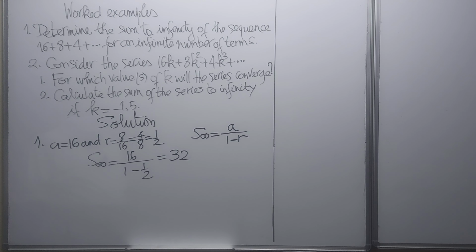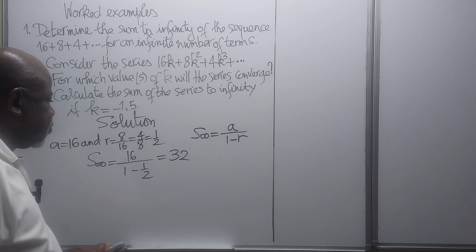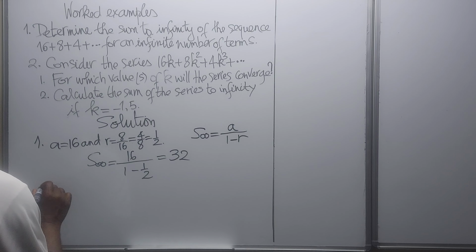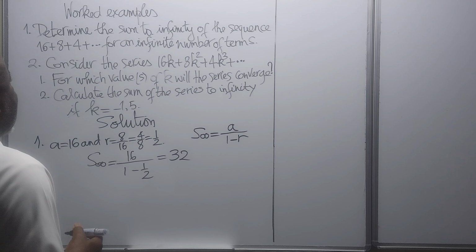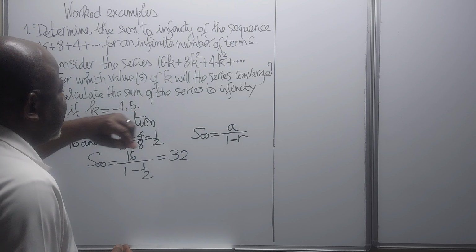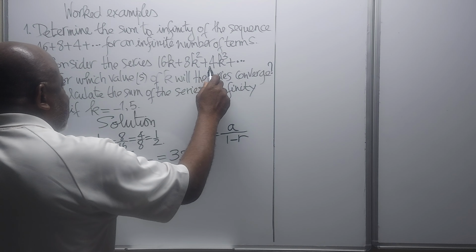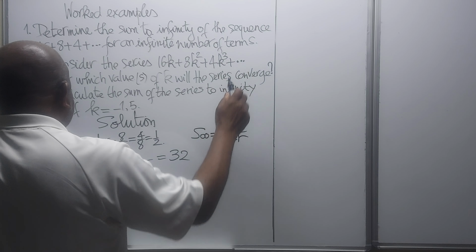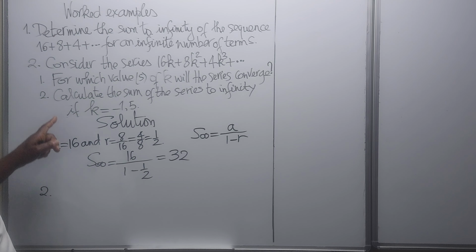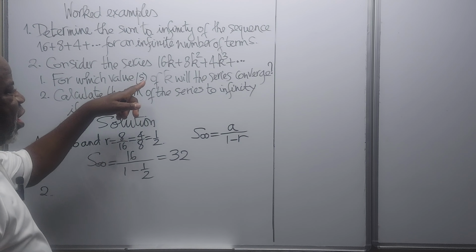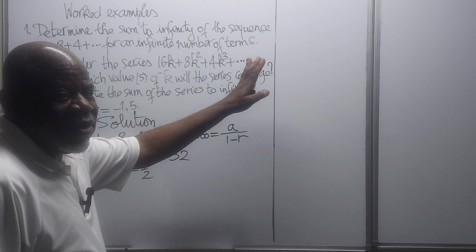We're going to go to worked example number 2. Number 2, let's take it from here. Consider the series 16k plus 8k squared plus 4k cubed plus and so on. The first sub-question is, for which values of k will the series converge?